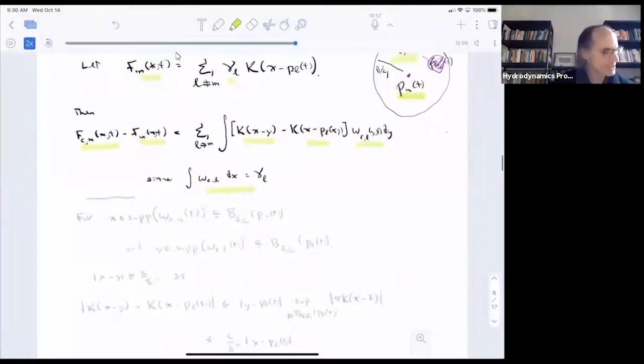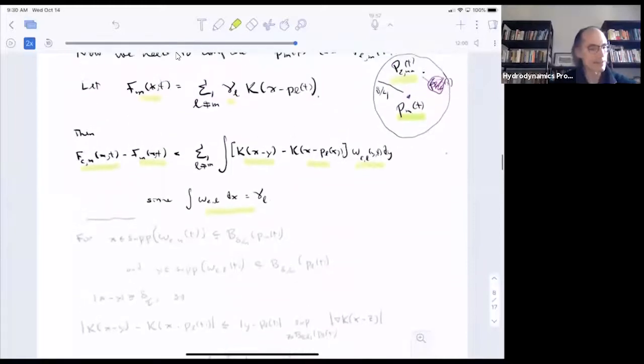And so my situation is I'm considering a point x over here someplace in the purple region, actually in the support of the mth blob, and I consider a point y who's in the support of a different blob. And so I know they're kind of far away from each other.